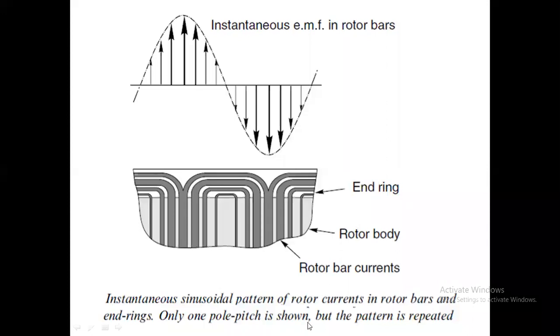Only one pole pitch is shown here, in the sense of adjacent poles. For the north pole, the positive half cycle is generated, and the negative half cycle is due to the interaction with the south pole. So this is how the EMF is induced in the rotor and the current directions in the rotor bars.